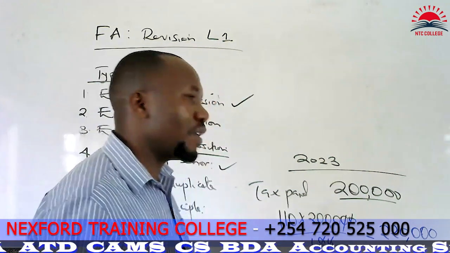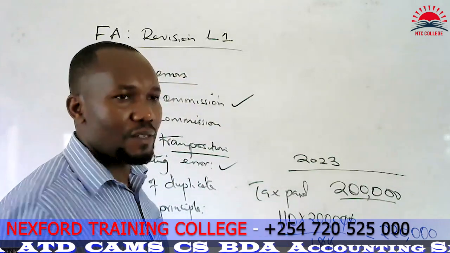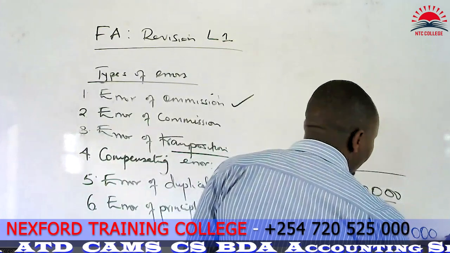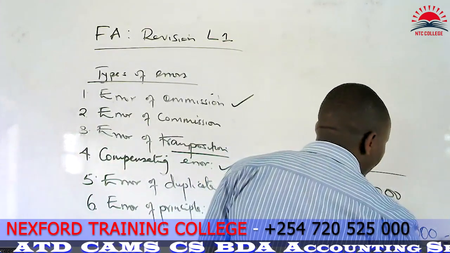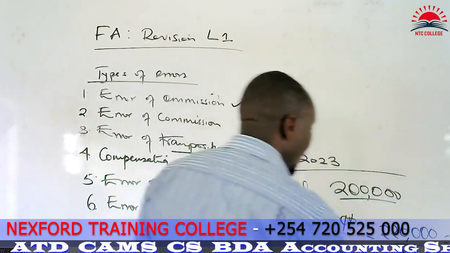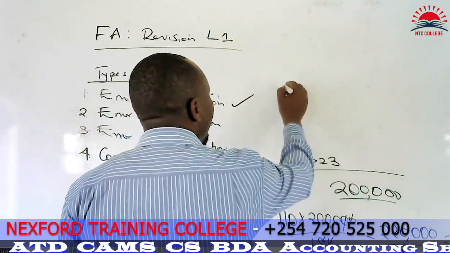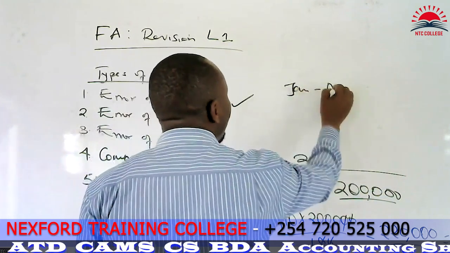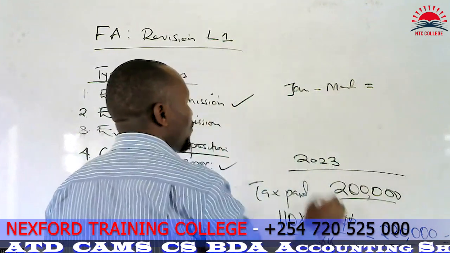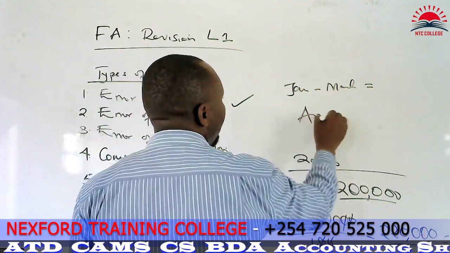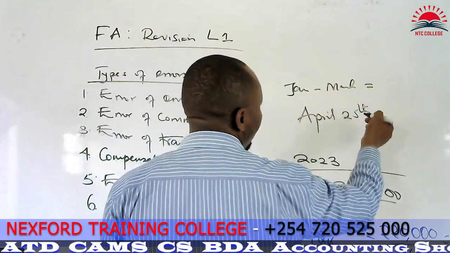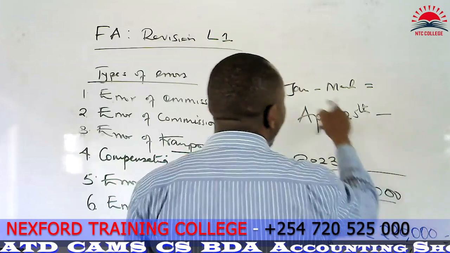Now this amount, we need to divide it into four equal installments. So divide this by 4. So that will be 55,000. So January to March, you need to pay that amount. So by April 25th, you need to pay for the first quarter.